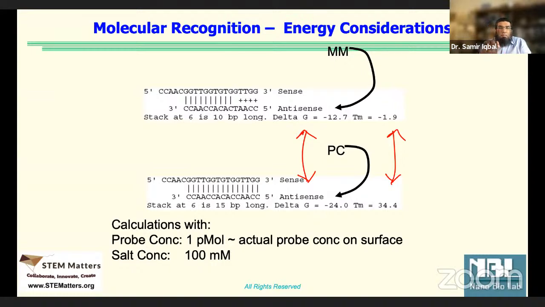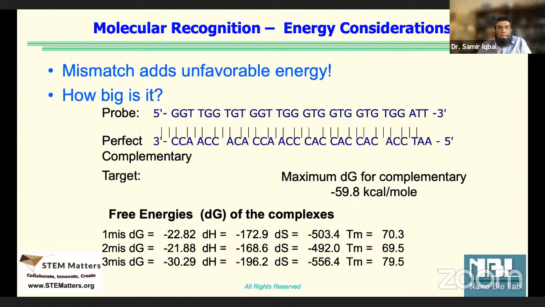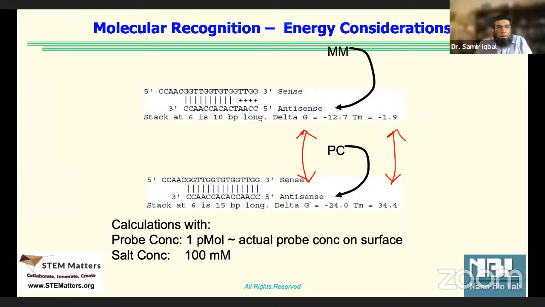That contribution results in what we call a change in the TM. On the right-hand side, you see the word TM. TM is the melting temperature. Melting temperature, which we saw before, is the temperature at which double-strand DNA turns into two single-strand molecules. So if there is a mismatch, that can happen at less than room temperature.